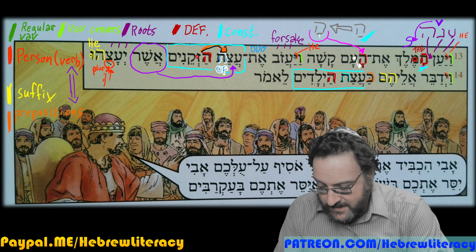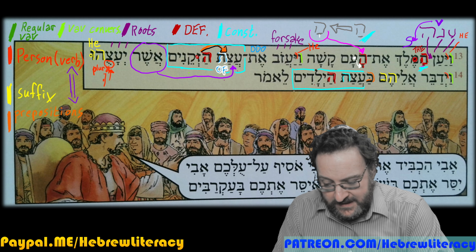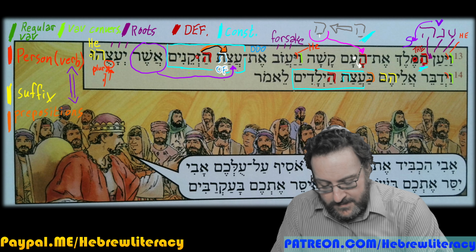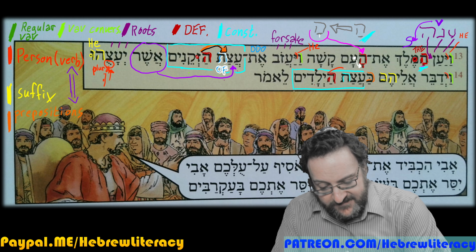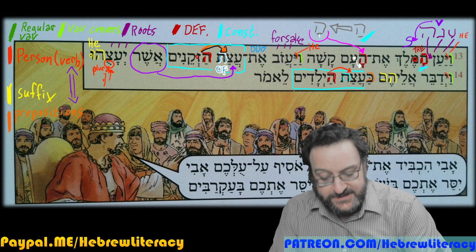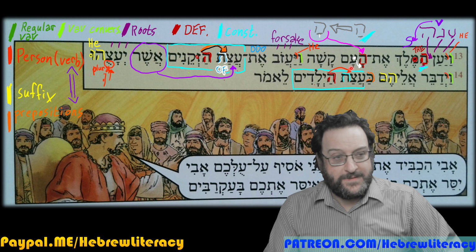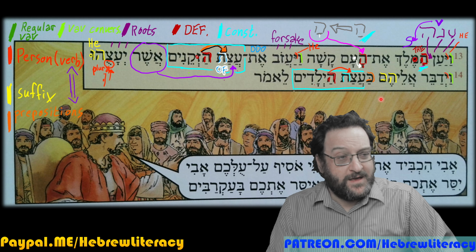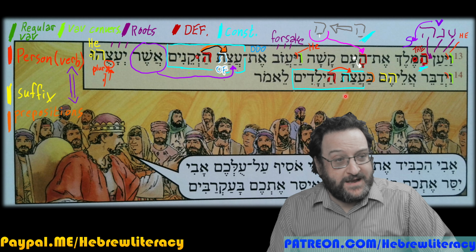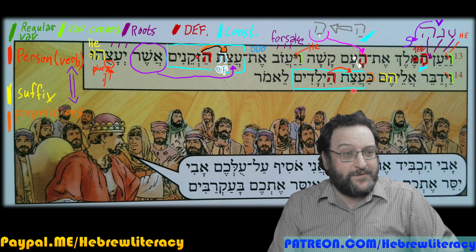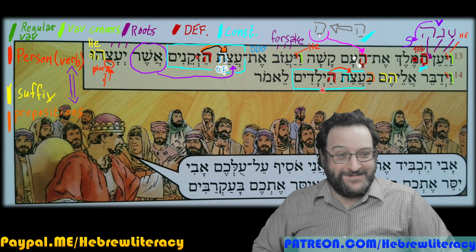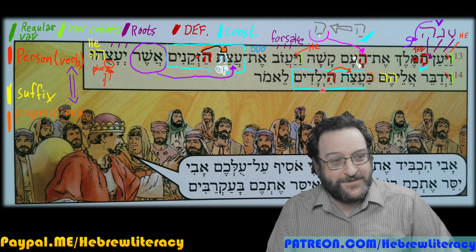Right, so that's the. And I think I was using the neon orange to impart definiteness to the rest of the construct chain. So according to the council of the children, of the children's council.